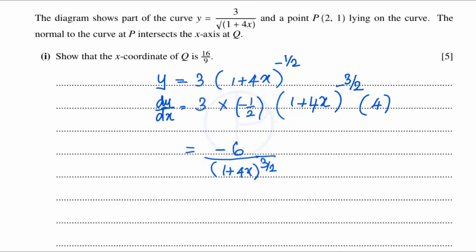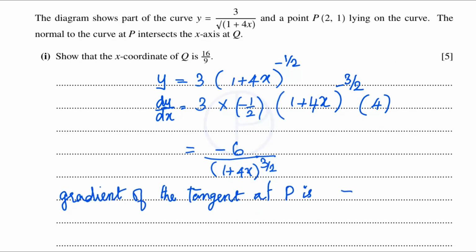Okay. So the gradient of the tangent is negative 6 divided by 1 plus, what is the x value? We have to substitute 2. 4 multiplied by 2, the whole power 3 over 2, which is equal to negative 6 divided by 1 plus 4 multiplied by 2 is 9. 9 power 3 over 2 is nothing but 27.